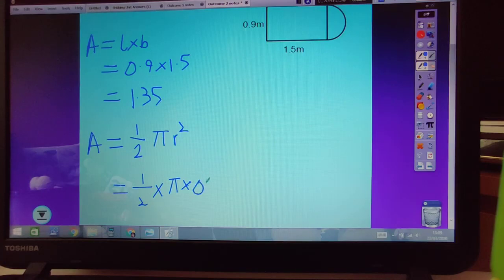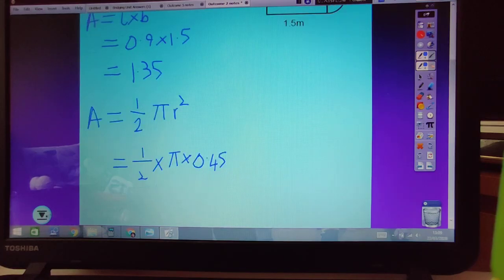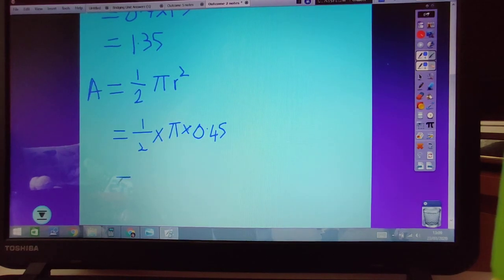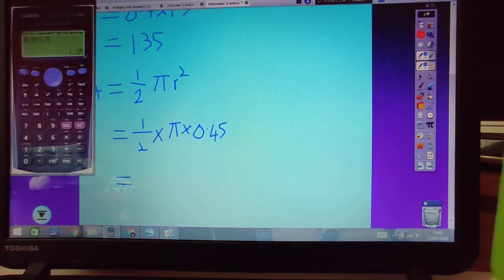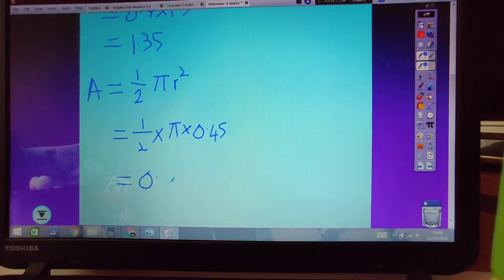Half of 0.9 is 0.45. And if we pop this in the calculator, we'll get our full answer to the half circle shape, which is 0.71 if we stick to rounding to our 2 decimal places.